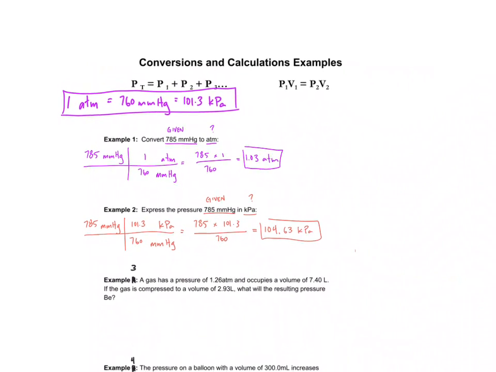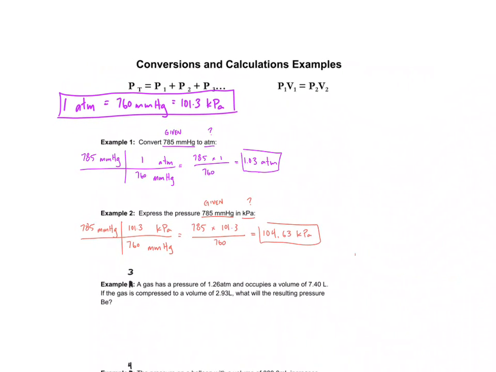So the next couple examples are relating to Boyle's law. And Boyle's law shows relationships between pressure and volume. And what you need to understand is that there's an inverse relationship between pressure and volume. So what does that mean? Well, that means as the pressure in a container increases, then its volume will do the opposite.